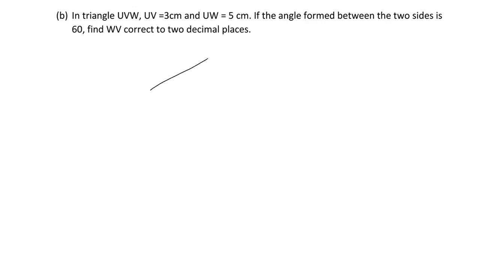We are going to draw a triangle with vertices U, V, W. The value here is 3 centimeters, here is 5 centimeters, and the angle here is 60 degrees.